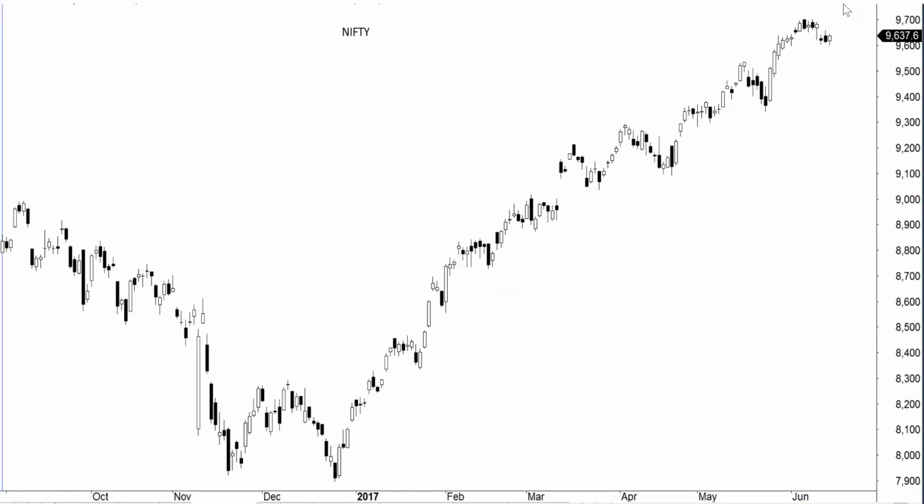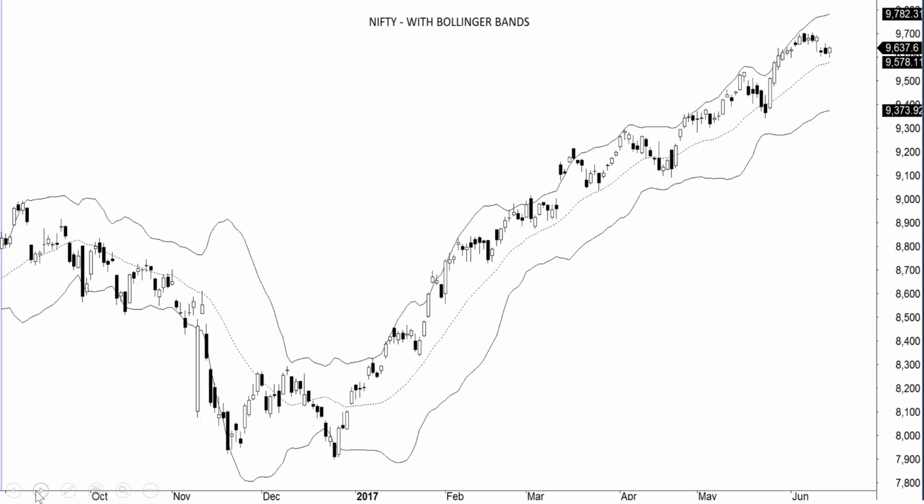So this is the Nifty chart, and you can see that it is a vanilla chart, no indicators on it, nothing, just candlesticks up and down. Now you cannot make much sense out of the chart right now. The prices are moving randomly. You will see that the prices are moving in an uptrend, then coming down and going up again, coming to the mean. Now when you overlay Bollinger Bands on them, the prices are defined within a context.